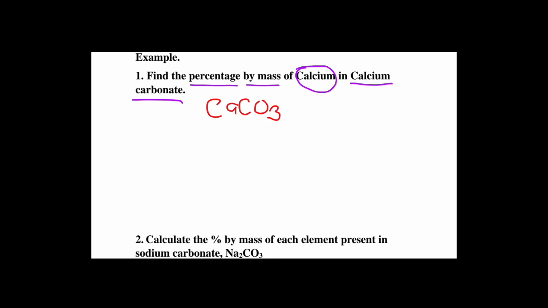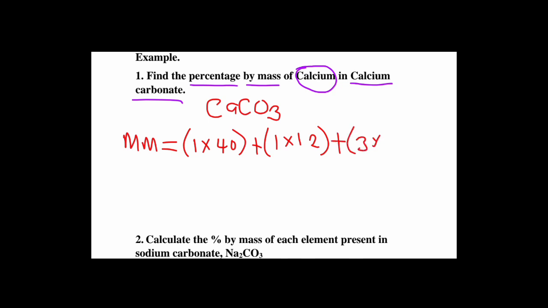As I told you in the beginning, molar mass equals, we have 1 atom of calcium, so 1 times the atomic mass of calcium, which is 40, plus 1 times 12, we are going to get the value later, and then 3 atoms times 16.